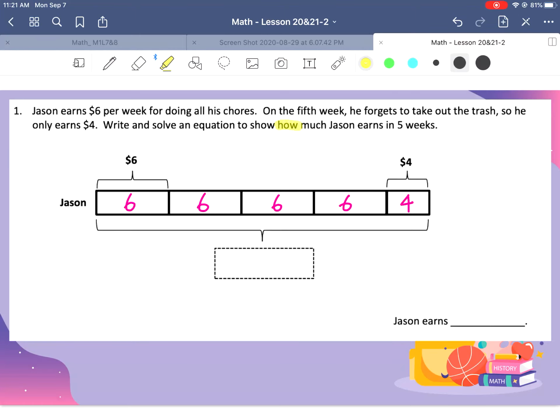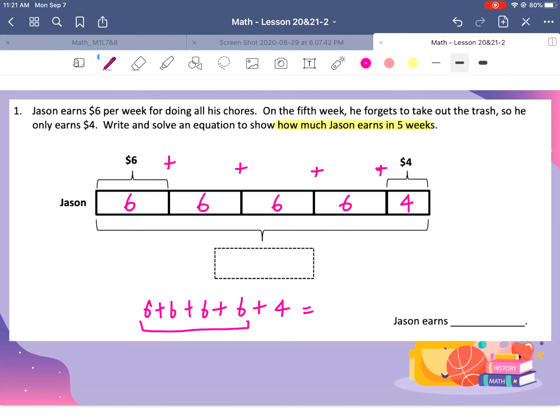Now the question is asking how much Jason earns in 5 weeks. So this question is asking for the total amount. When it's asking for the total amount, I just need to add the numbers here. So 6 plus 6 plus 6 plus 6 plus 4. What is my total? For me, I'm going to do multiplication to find this answer.